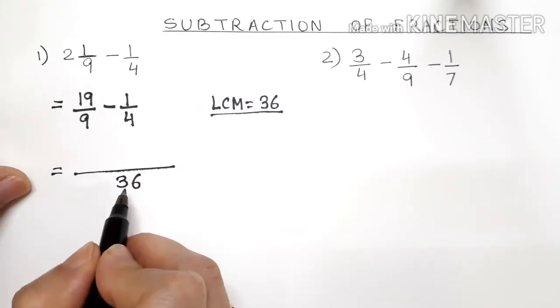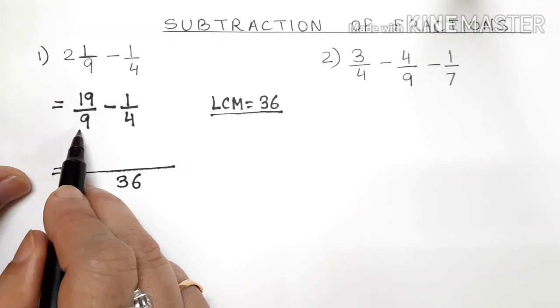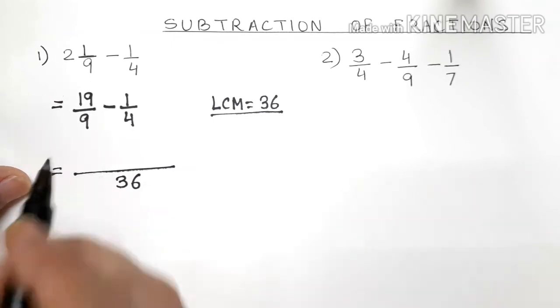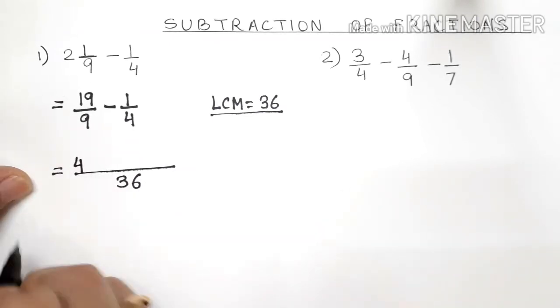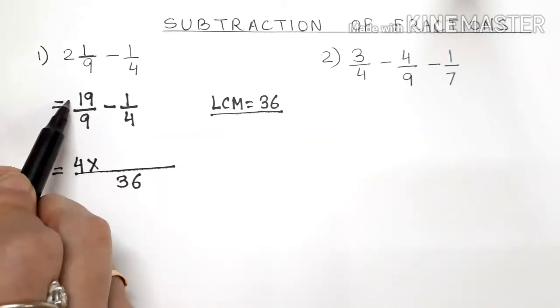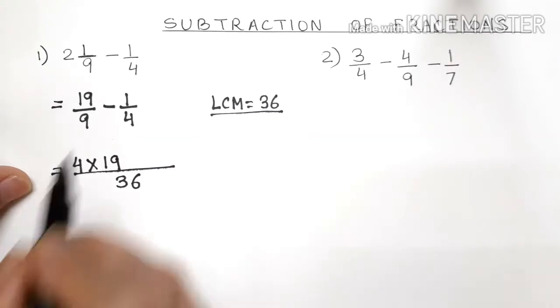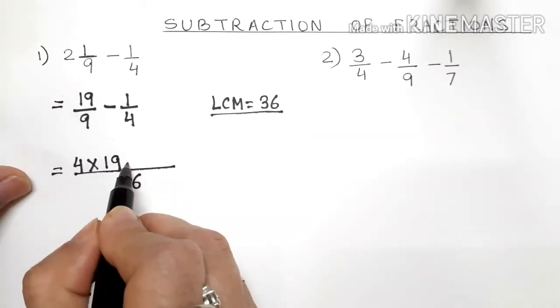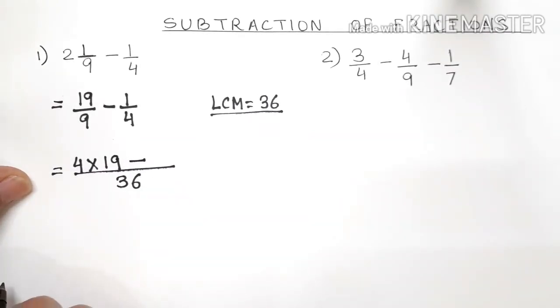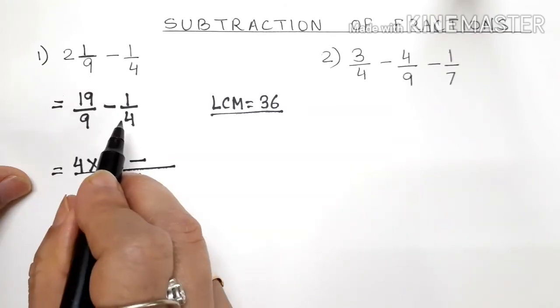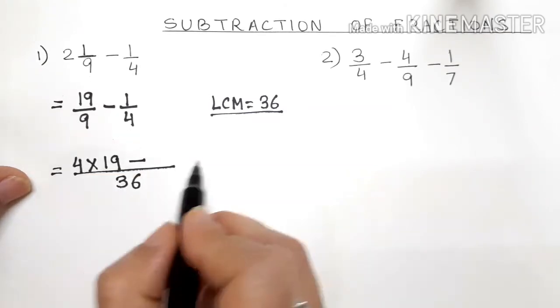Okay, now 36 divided by 9 will give you 4. So we write here 4 multiplied by the numerator 19. Then we have the minus sign here, so we put minus. Now the same procedure we will repeat with the second fraction.